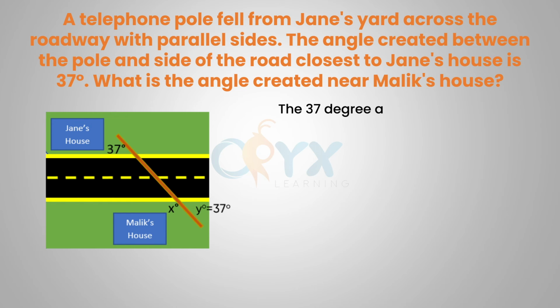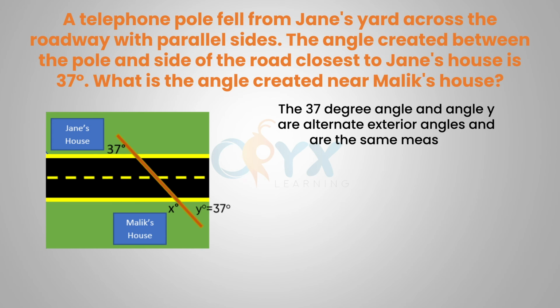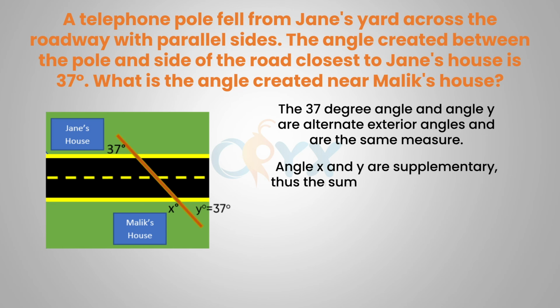The 37-degree angle and angle Y are alternate exterior angles, and they are the same measure. Angle X and Y are supplementary, thus the sum of their measures is 180 degrees.